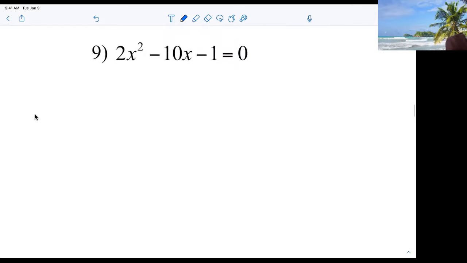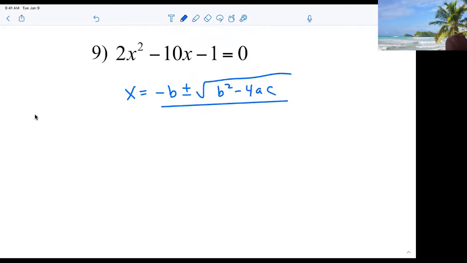All right, here we go. X equals. Wow. All over 2A. Perfect. Keep writing it. Keep writing it. And then A equals, B equals, and C equals. All right, here we go.